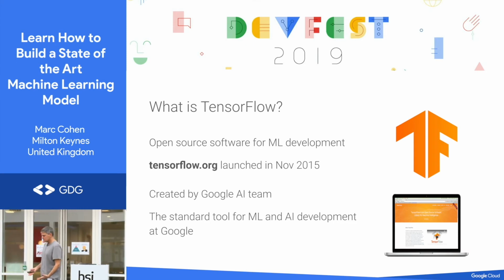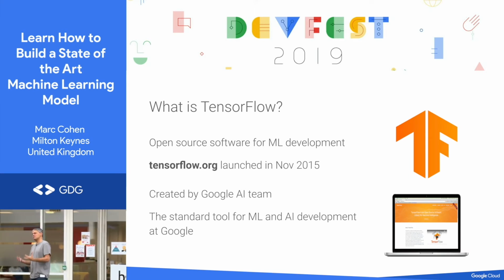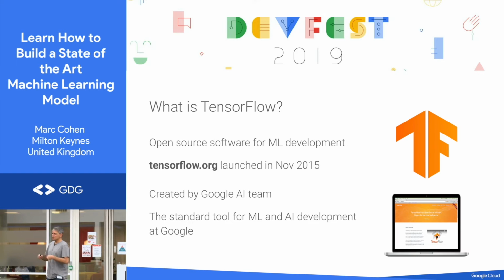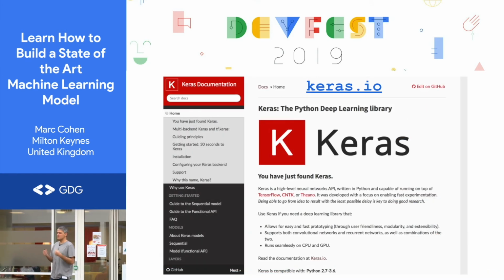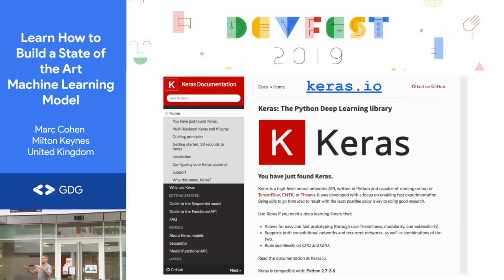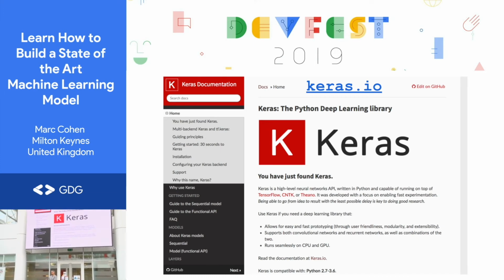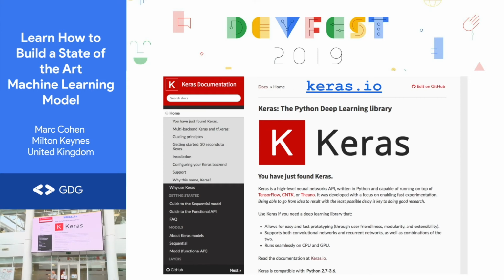One thing about TensorFlow that I struggled with when I first started was that it was a little bit hard to grasp and to use. I think it's gotten quite a bit better since TensorFlow 2.0 came out. But one of the things that really makes it easier for me to understand what I'm doing is that there's a layer on top of it called Keras. Keras was actually conceived as an abstraction layer that can work with multiple different machine learning engines. So not just TensorFlow, but other implementations of the core, if you will. But it's now been combined with TensorFlow.